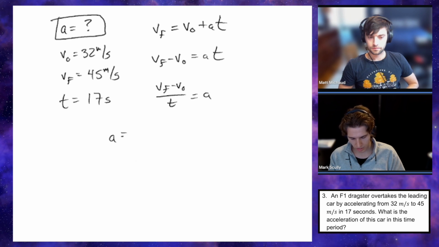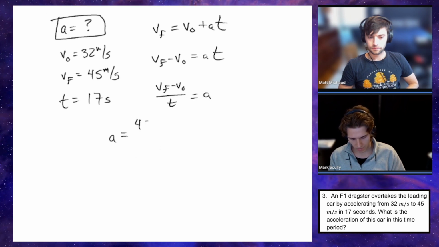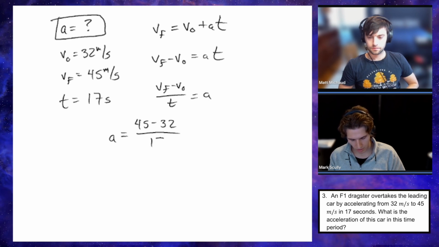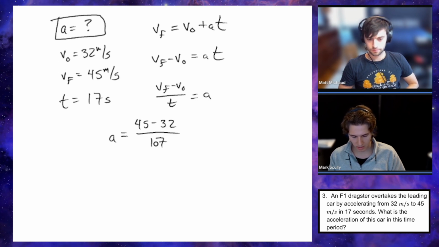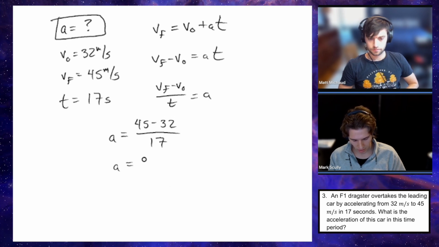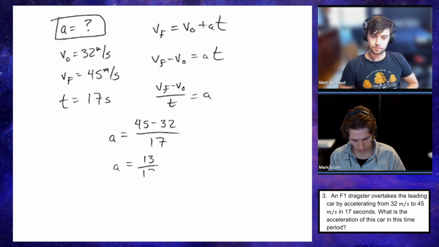We have the acceleration equals V final minus V initial over time: 45 minus 32 over 17. Let's simplify that. 45 minus 32 is 13, and it's still over 17.